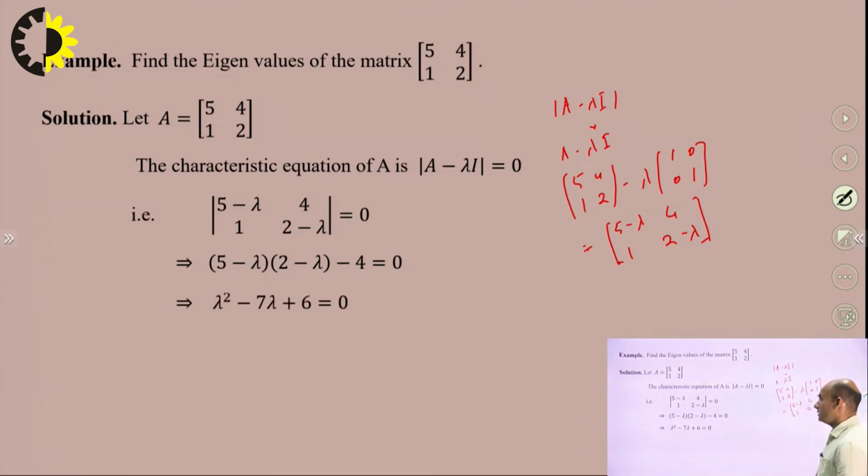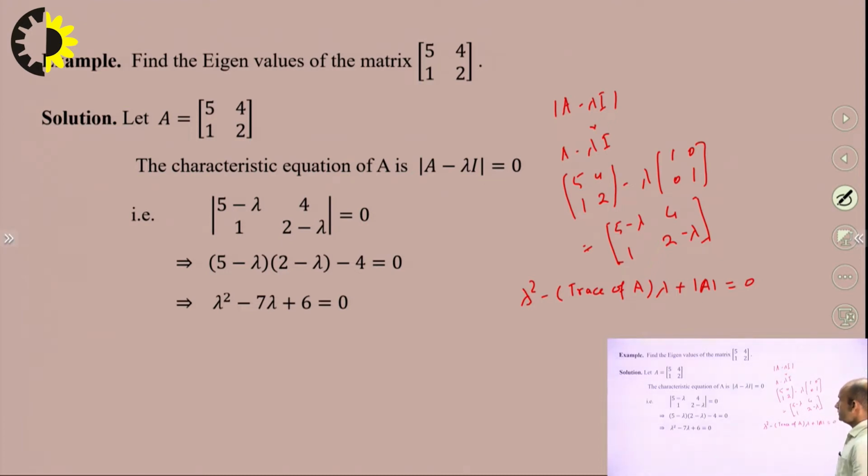We can directly find this equation with the help of a direct rule for a 2 by 2 matrix, or matrix of order 2. The characteristic equation will be lambda squared minus trace of A times lambda plus determinant of A equals 0, where trace of A is the sum of the diagonal elements.